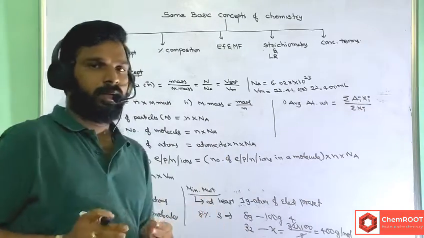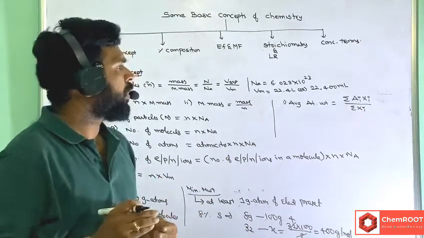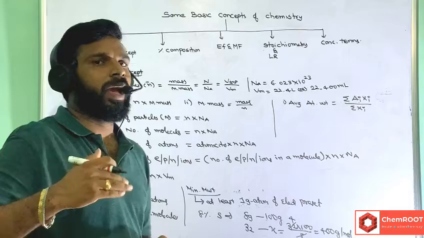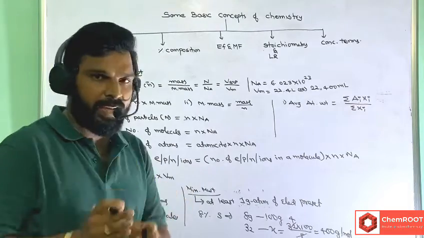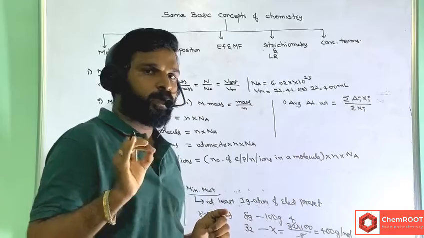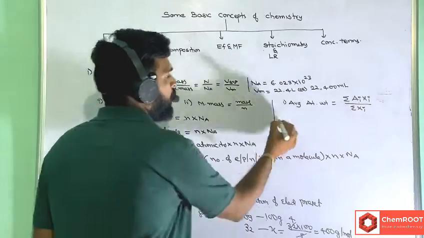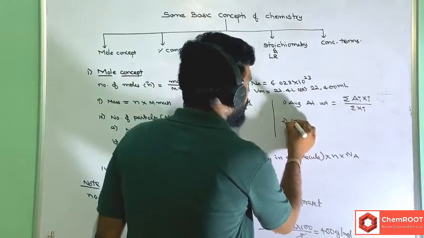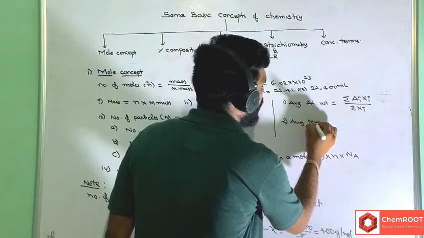For example, carbon has different isotopes, and hydrogen has different isotopes. For each isotope, you take the atomic mass and the abundance, and you can find the average.